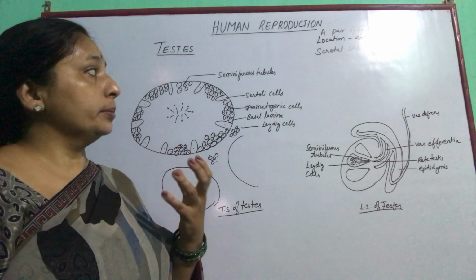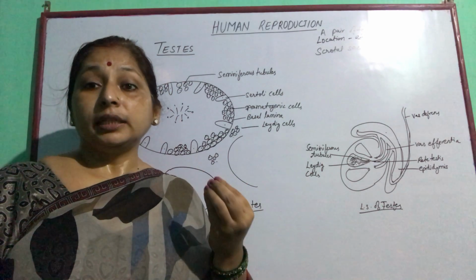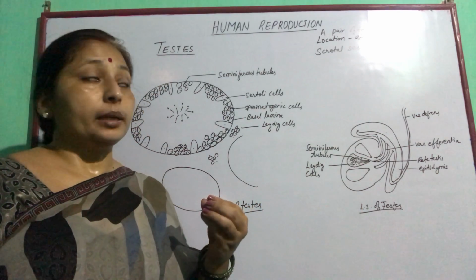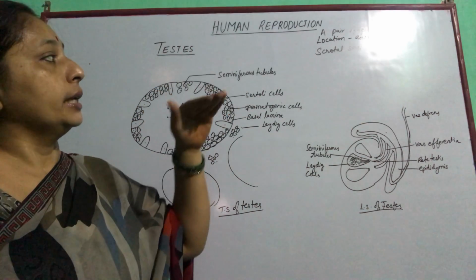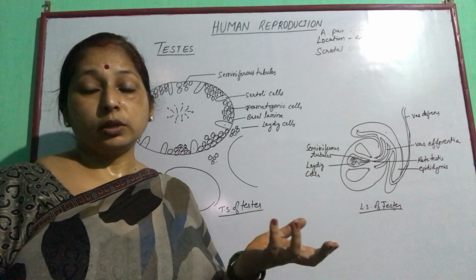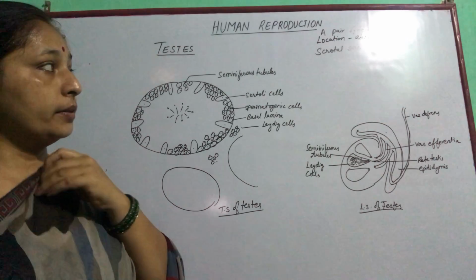For the production of sperm, the temperature required is 2 to 3 degrees Celsius below body temperature, and that's why the testis is located inside the scrotal sac or scrotum, outside the abdominal cavity.